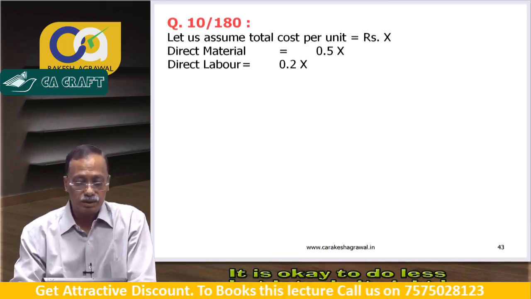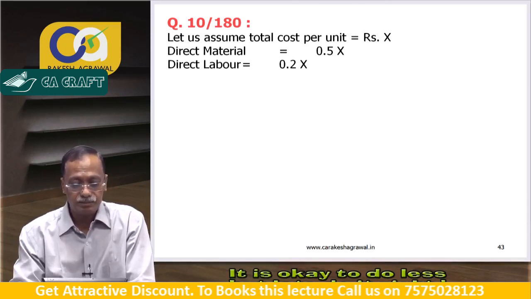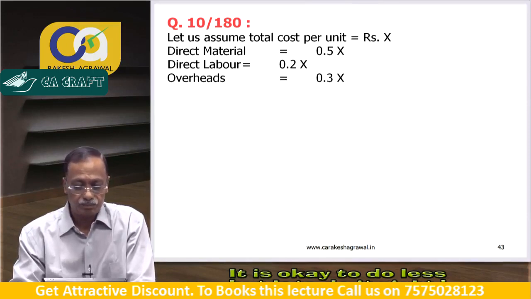Direct labor is equal to 0.2X. Overheads is equal to 0.3X.